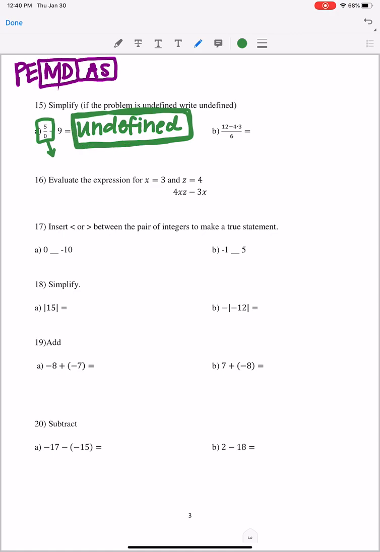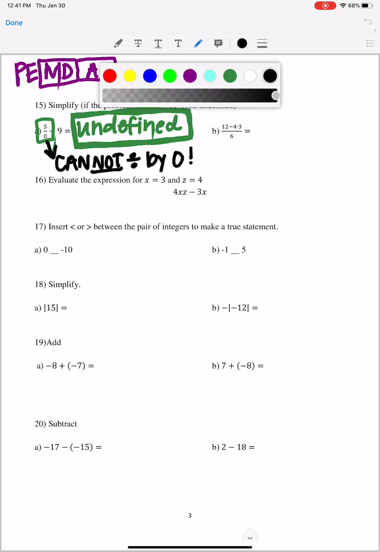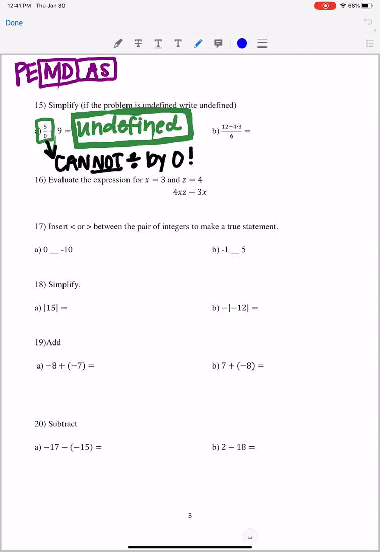You cannot divide by 0. So my answer is just simply undefined, we're done.